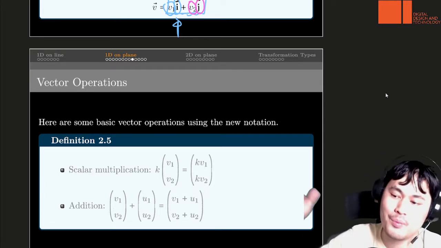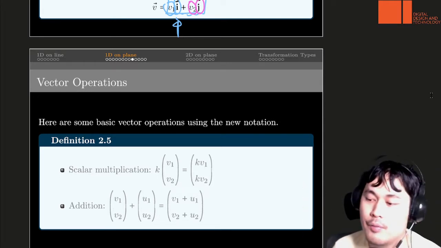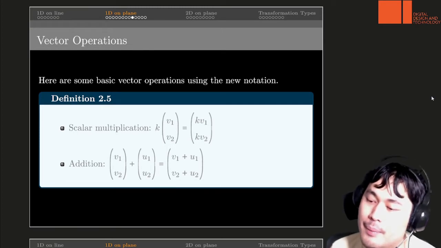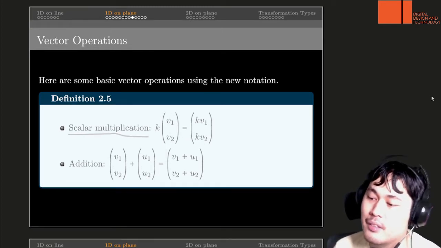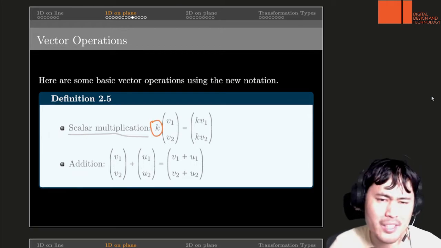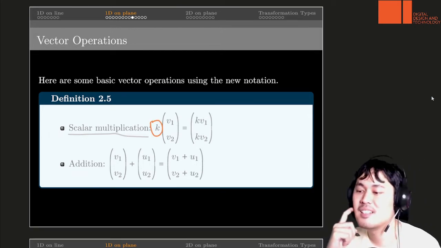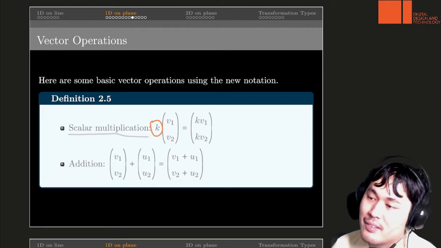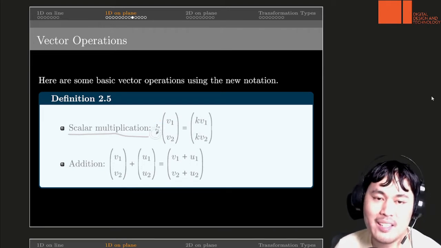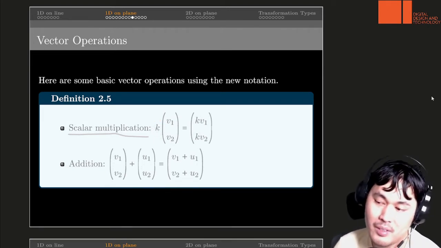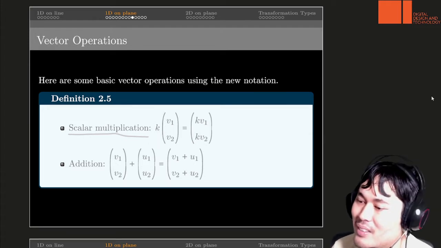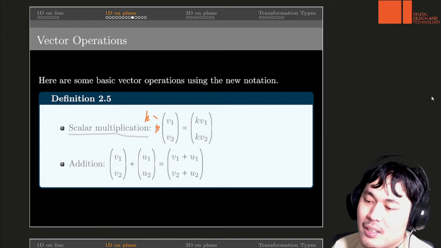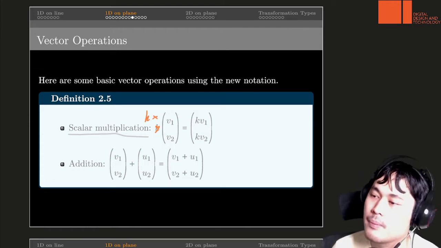So we have this new notation, and there are two basic ways you can operate on vectors. First, we have the scalar multiplication, which is you multiply a vector by a constant. We'll see in a moment that it seems familiar. The way we write it is a number outside the vector, and then we just follow it by a vector, which looks weird, but maybe sometimes you might see the multiplication symbol, but most of the time you don't.